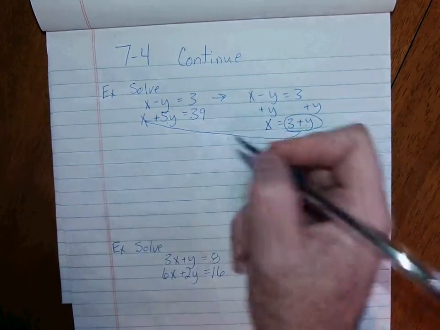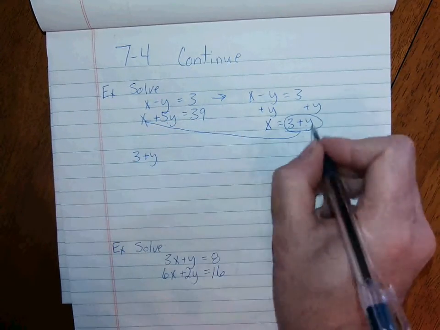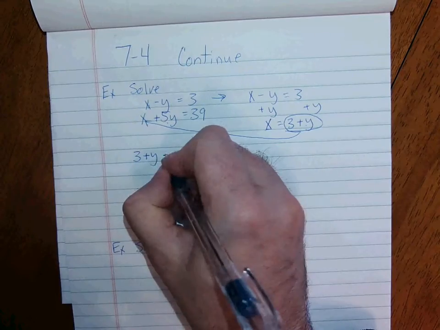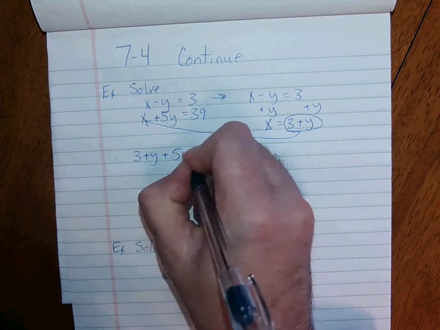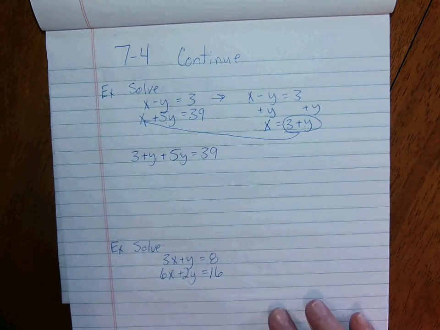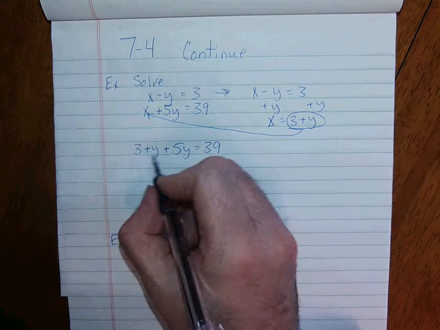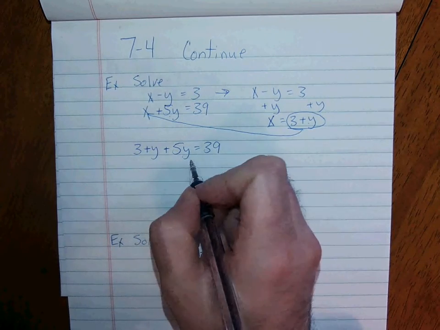So now I need to rewrite. I'm going to take the 3 plus y, which is what I found right there, plus, and then I'm going to write everything else down in the original equation. Once you have that, you need to combine variables.